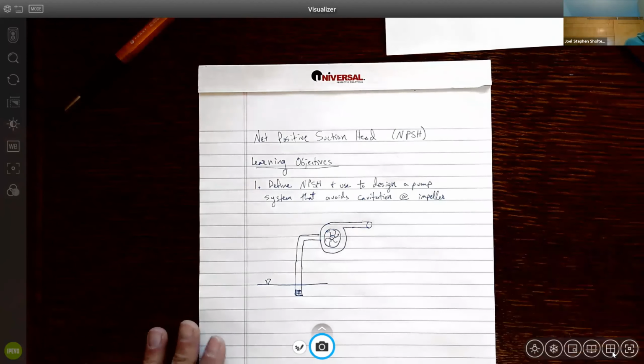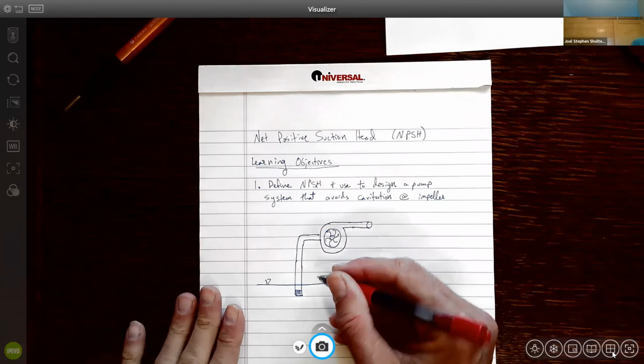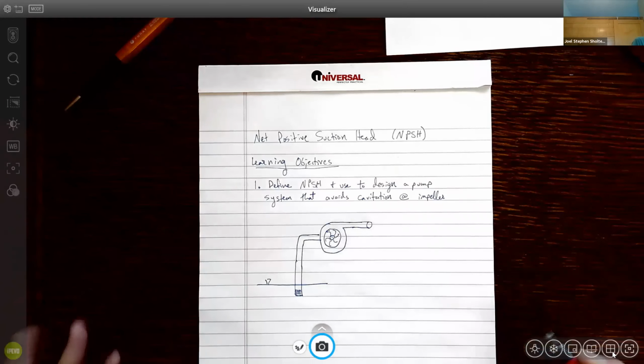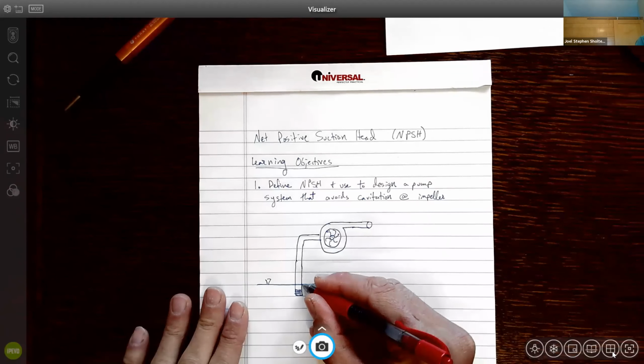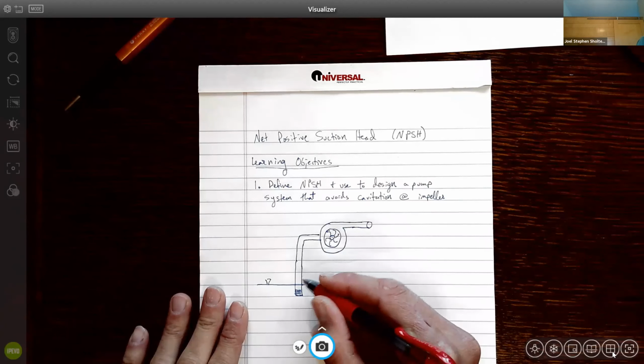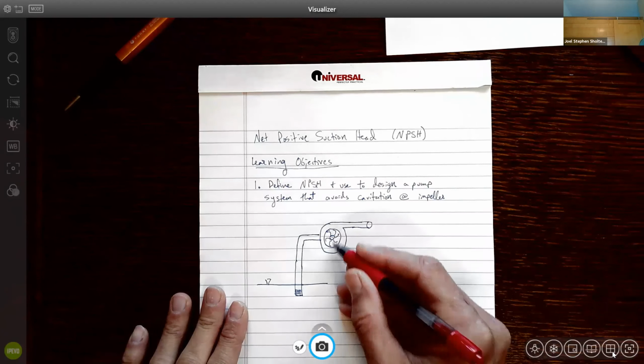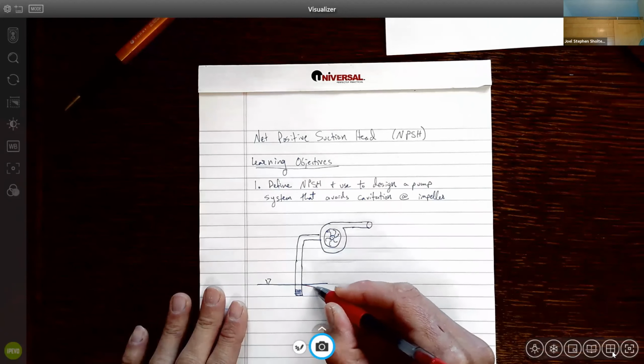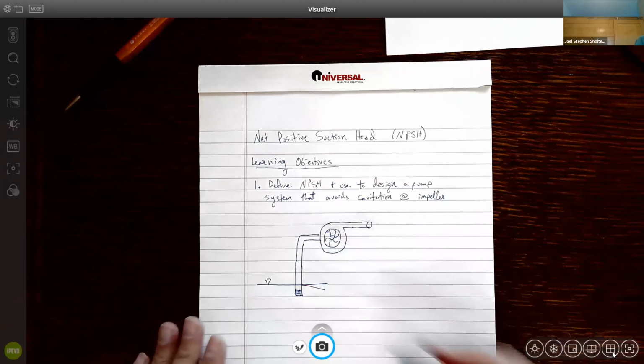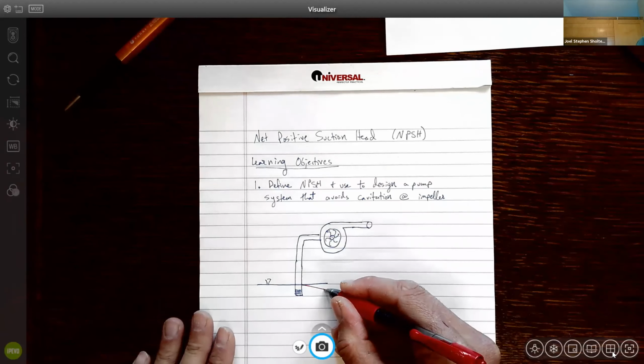Okay, so now let me get, where'd my other pen go? Let's look at what our energy grade line looks like. We start here at the water surface elevation, and as we move towards the eye, we lose some head due to friction. So this is head loss due to friction.